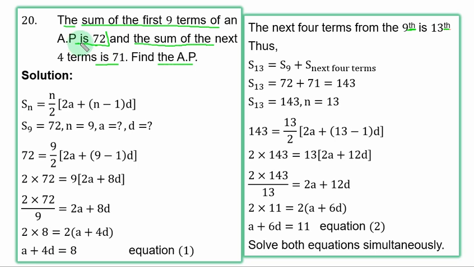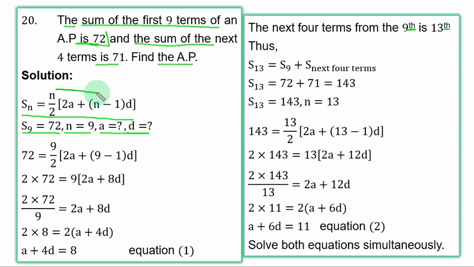For us to get this sum, the first term and the common difference are needed. So we have this version. The sum of the first 9 terms is 72. At this point, n is 9. The first term and common difference are unknown.